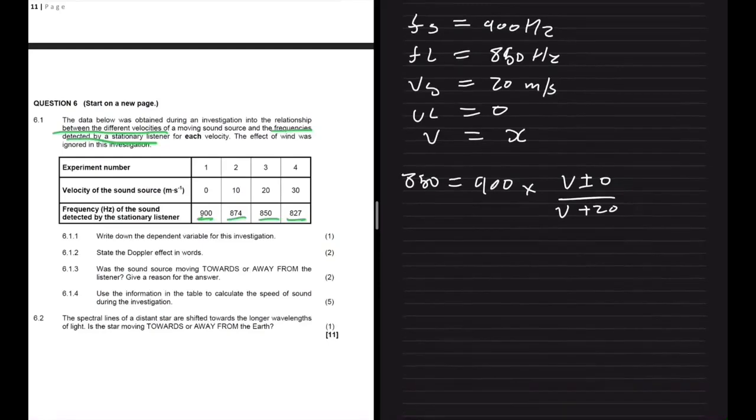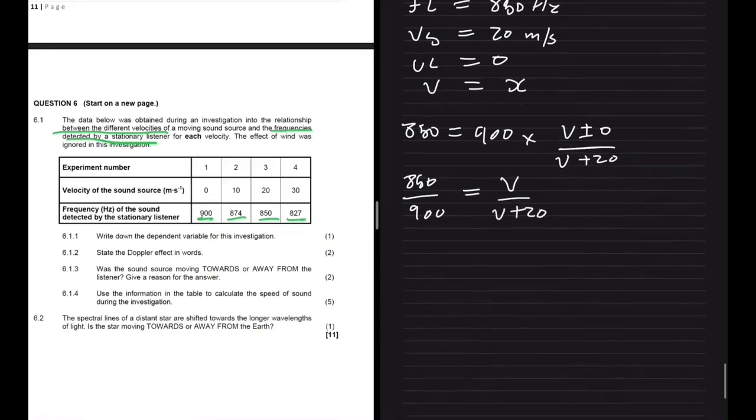Let's divide both sides by 900. We get 850 divided by 900 equals V divided by V plus 20. Let's multiply: 850V plus 850 multiplied by 20 equals 900V. Let's take the 850V to the other side.